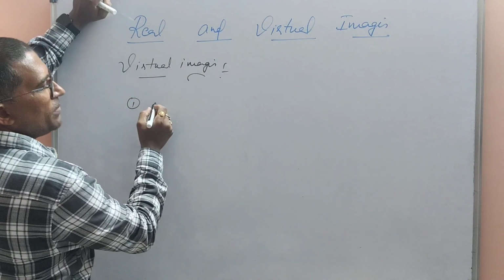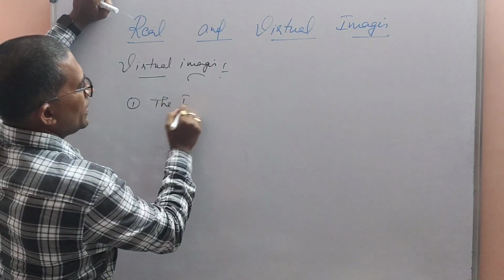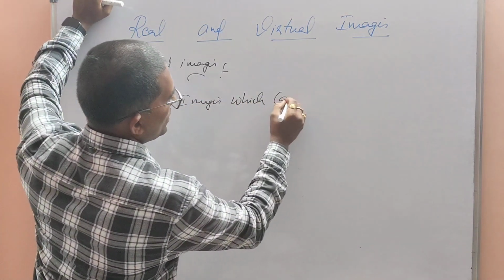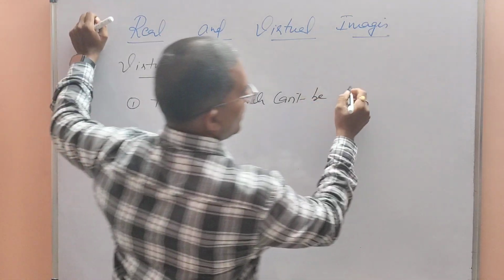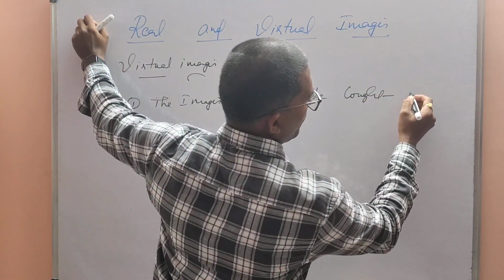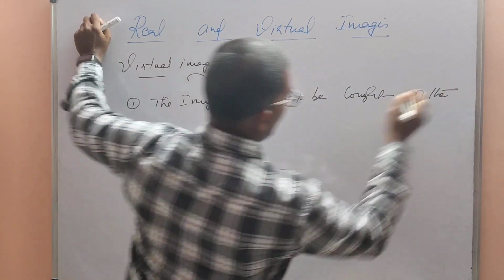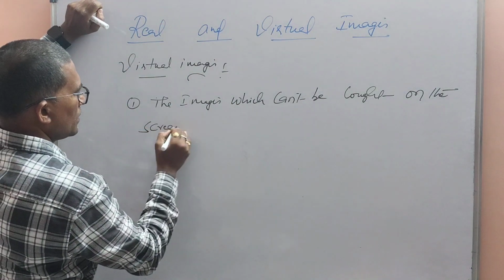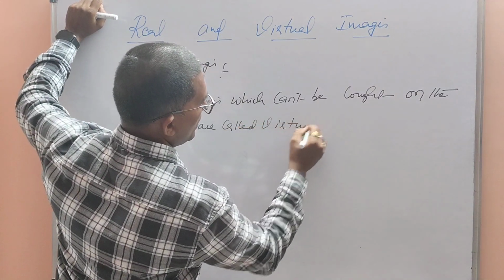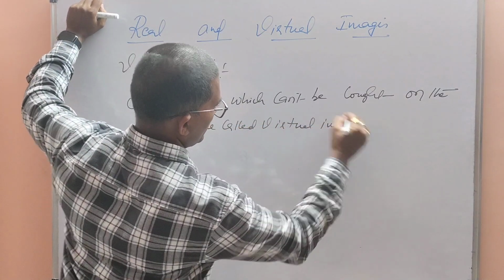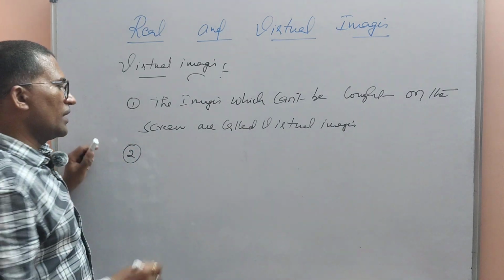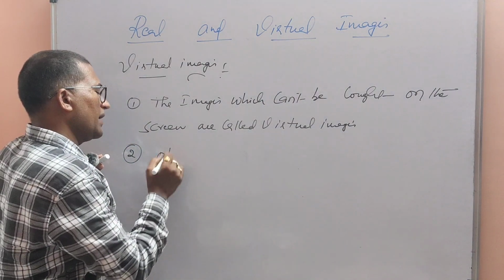The images which can't be caught on the screen are called virtual images. Understood? These images are formed by plane mirrors.